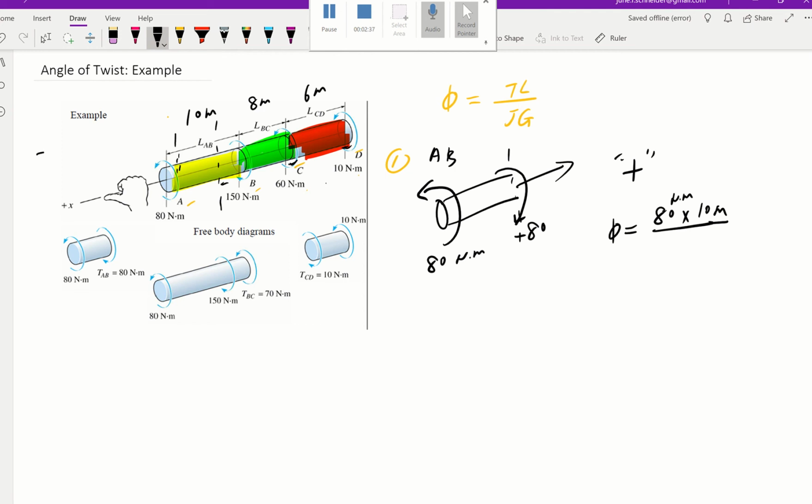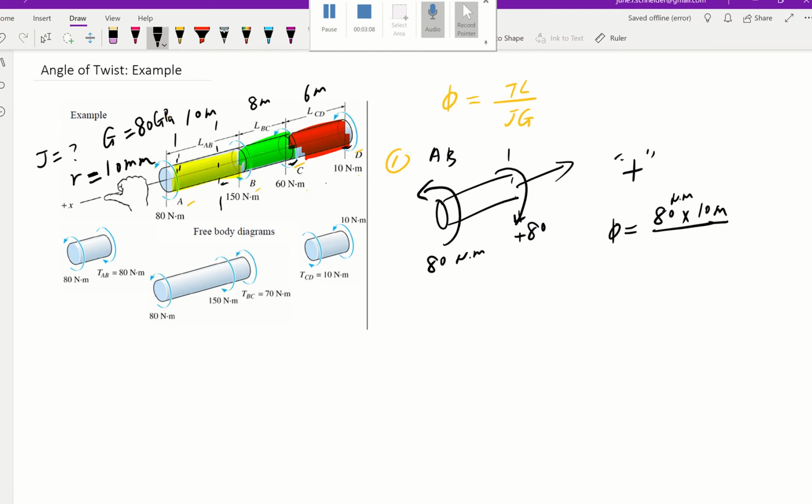Okay, so for J, we need to figure out the polar moment of inertia. If we assume the radius is 10 millimeter, and we also give G, the shear modulus, as 80 gigapascal for this material.